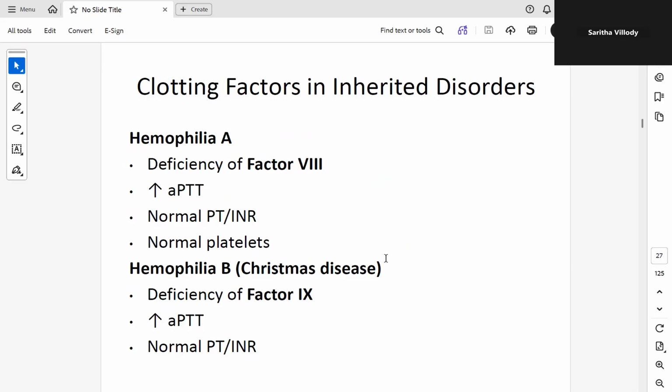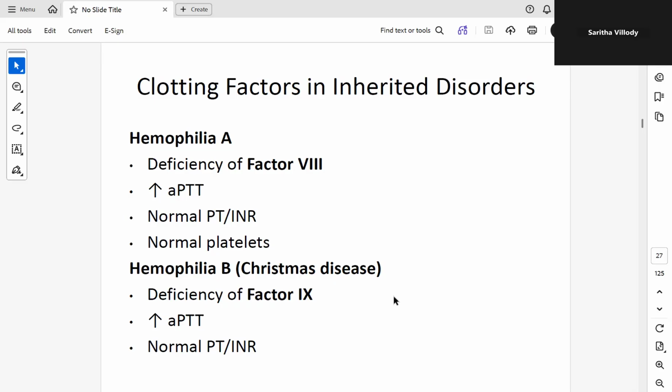So in hemophilia A, there is a deficiency of factor 8. But in hemophilia B, the difference between the two is that factor 9 is missing, or there is a deficiency of factor 9. Hemophilia A constitutes the majority of the cases, at 80% of the cases.